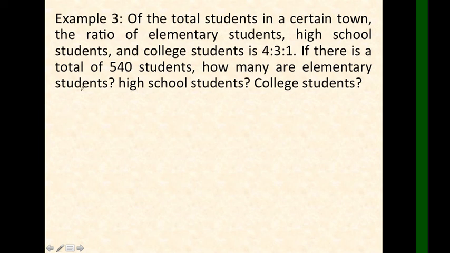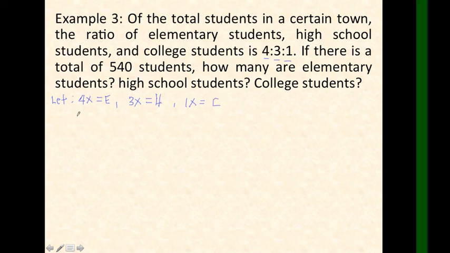So let the elementary students be 4x. So this is the elementary students. For the high school, we have 3x. Kinukuha natin to dito, no? So this is high school students. And for the college students, we have 1x.